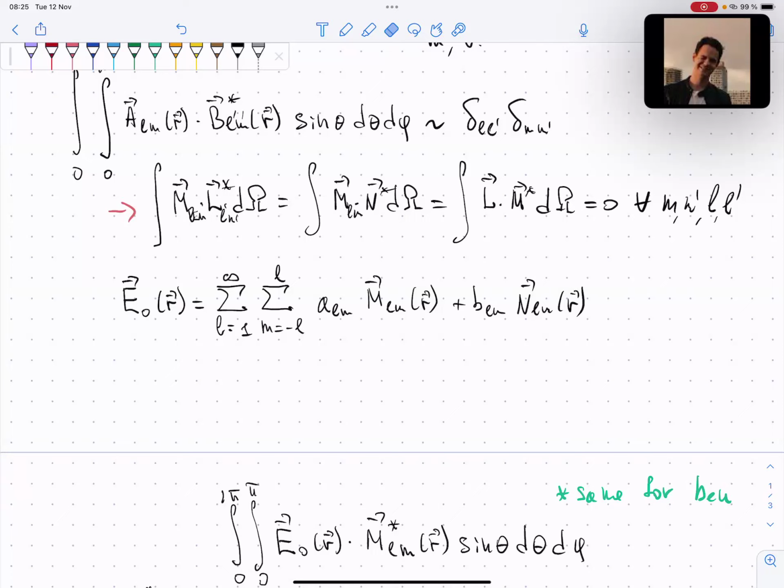And in the scalar case, we had functions that were orthogonal in a functional sense, in the same way as sines and cosines and so forth.